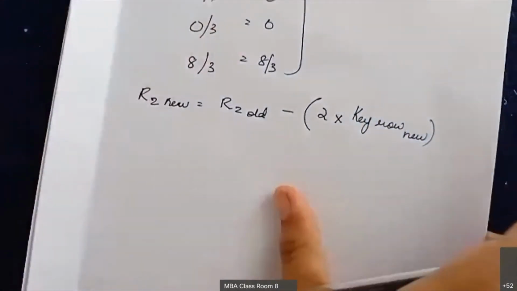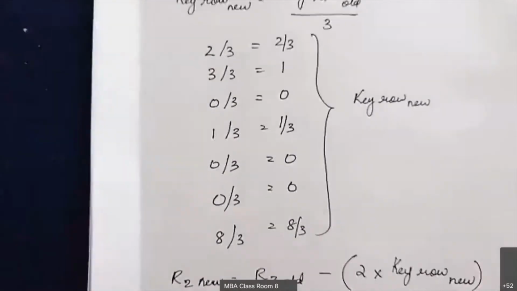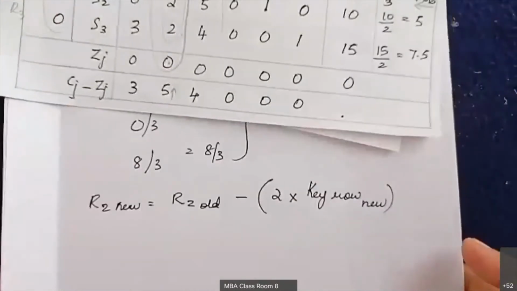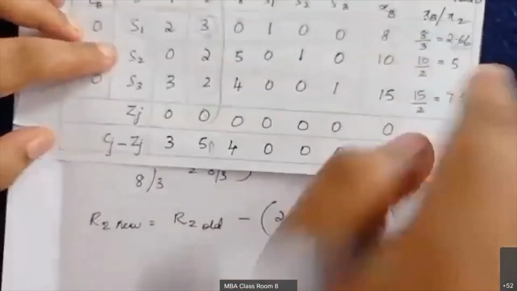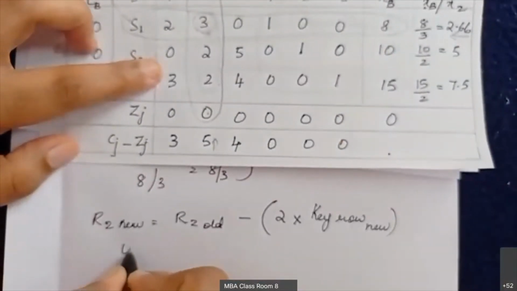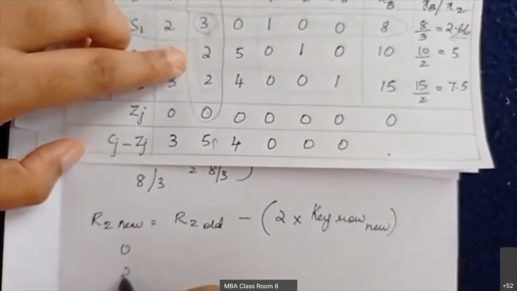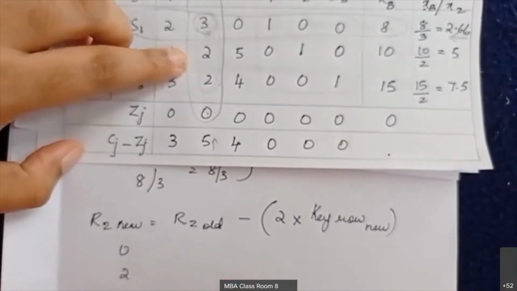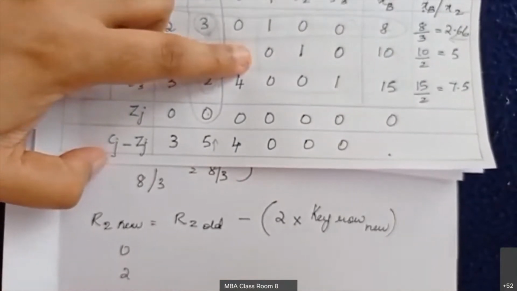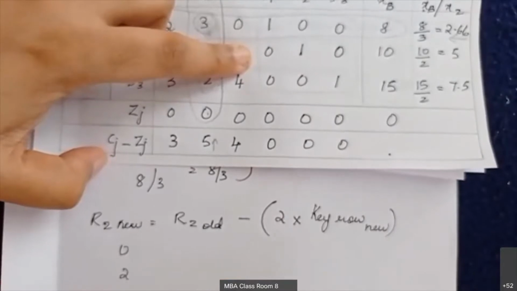Now tell me, from this you will check and tell me what is R2 old. R2 old is also the same thing only. Tell me the numbers: 0, then 2, then 5, 0, 1, 0 and 10.